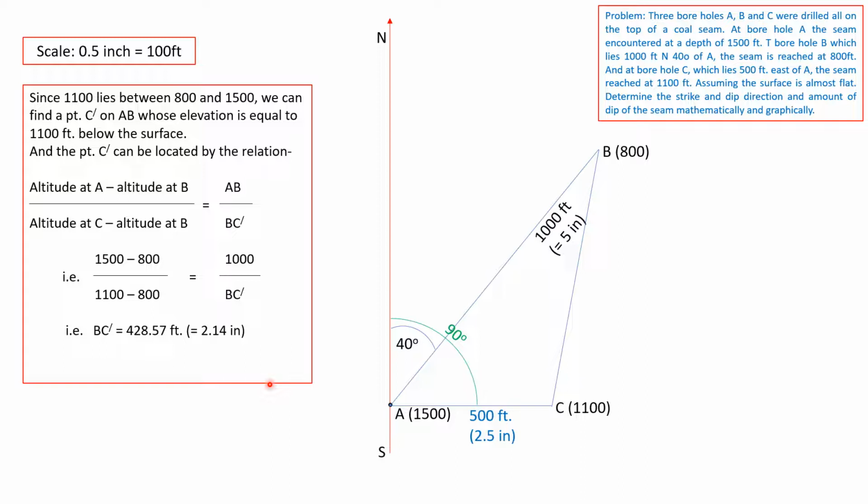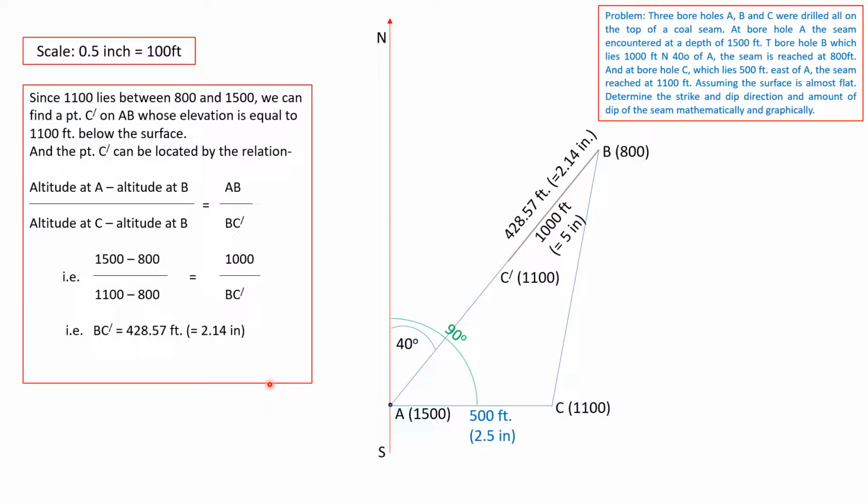After calculation, we find that BC dash is equal to 428.57 feet. This is equal to 2.14 inches according to our scale. So mark this C dash along the line AB.